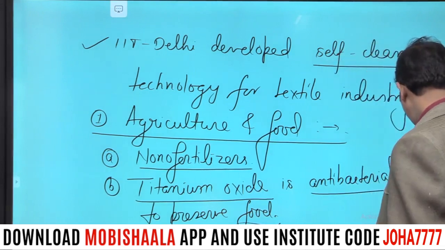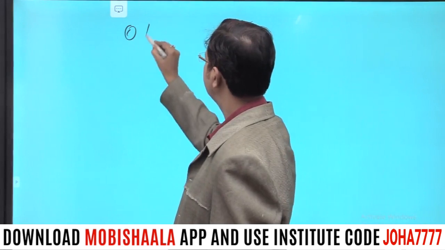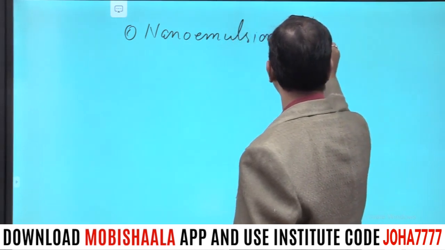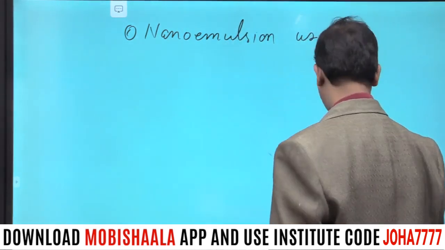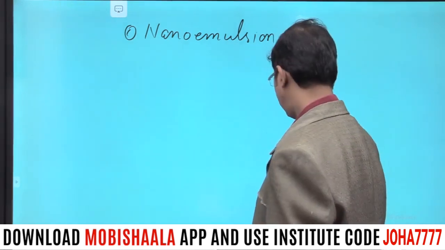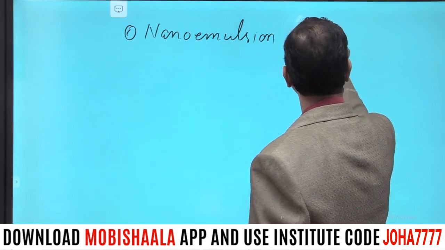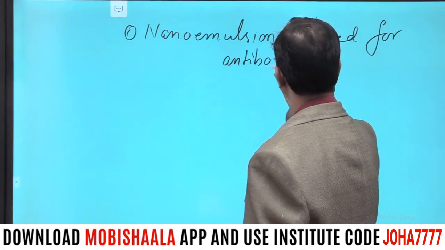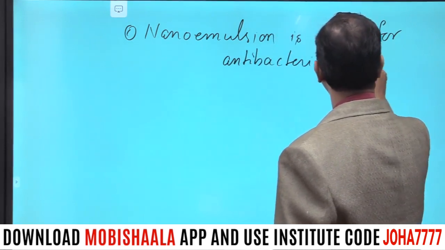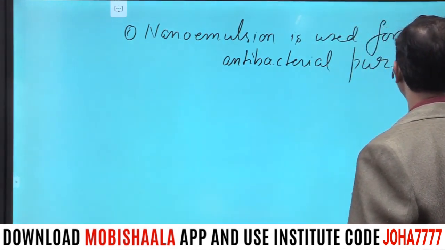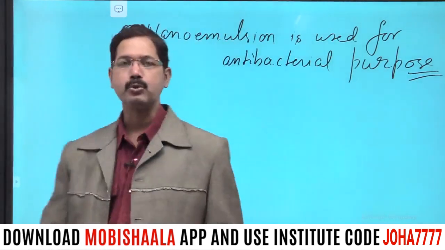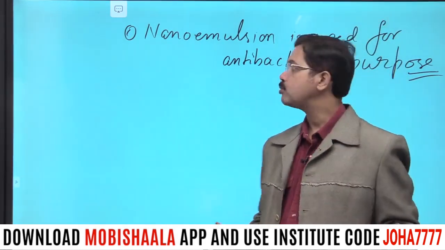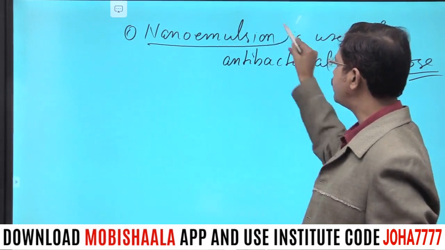Nano emulsion is used for antibacterial purposes on the agricultural produce that we try to store for a longer time, so in that case we use nano emulsion.